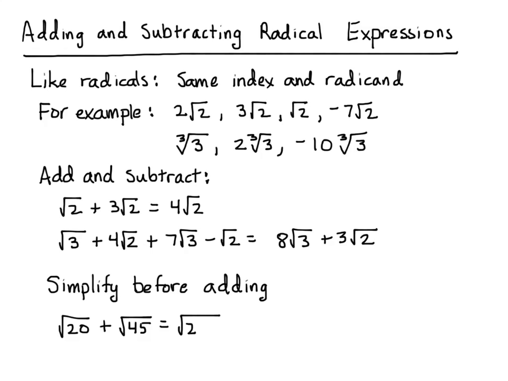But if we simplify these, we know 2 squared times 5 is 20, and 3 squared times 5 is 45. So if we simplify those to make it 2 square root of 5 plus 3 square root of 5, we get 5 square root of 5. And so that is simple. The process always is: simplify your terms before you attempt to add them.